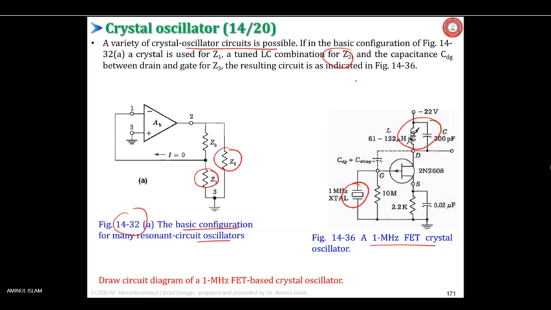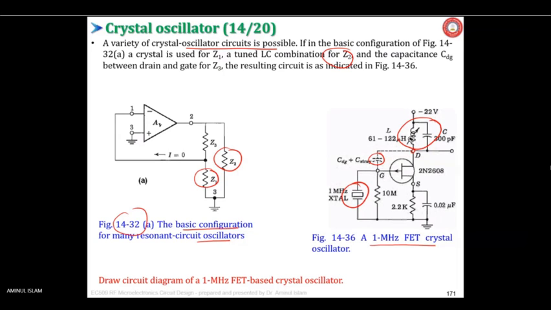And the capacitance CDG, between gate and drain terminal of a FET. We know that a FET already has many intrinsic capacitances, not externally connected.